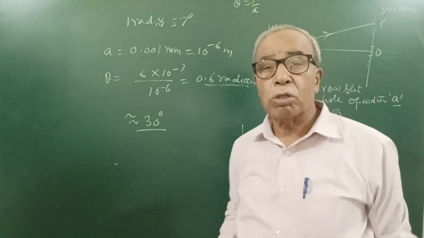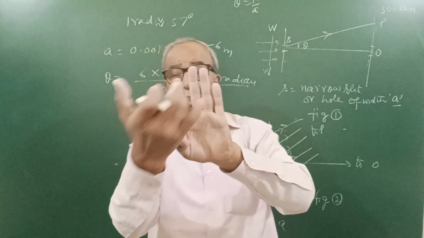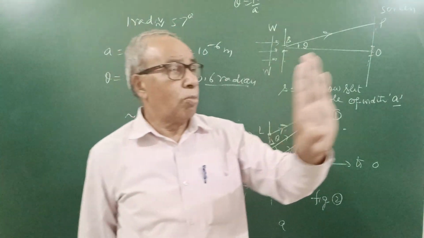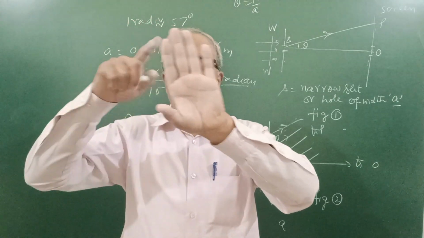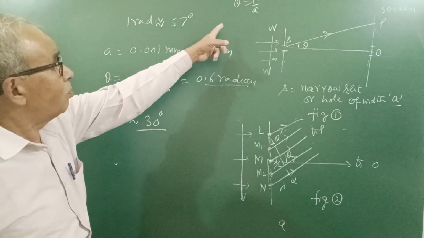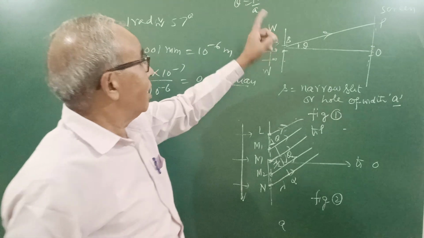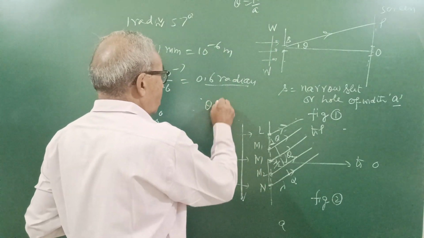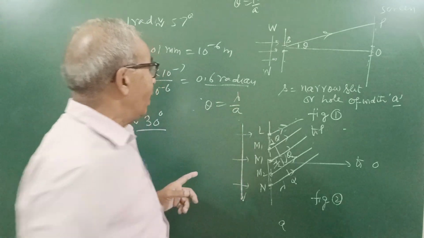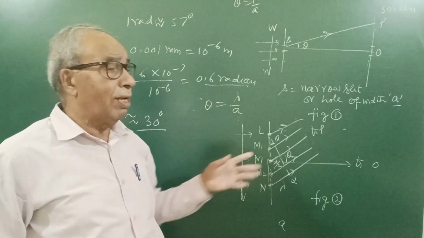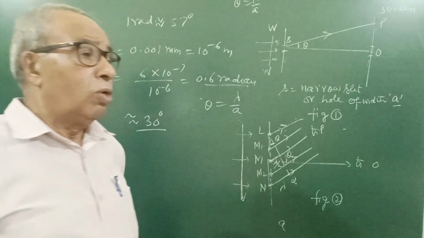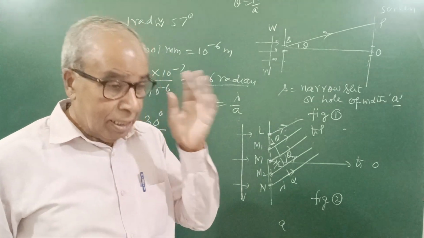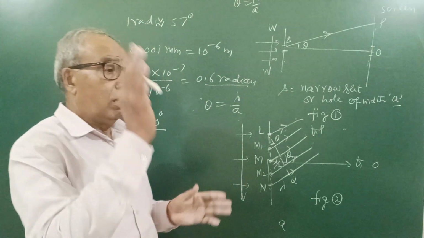So when we look through narrow holes at a white source of light from a large distance, we find colors in the light, because angular spread depends on wavelength and size of the slit, theta equal to lambda by a. In white light, these wavelengths vary from 4000 angstrom to 7000 angstrom. If the size of the slit is close to this size, then you will find colors.